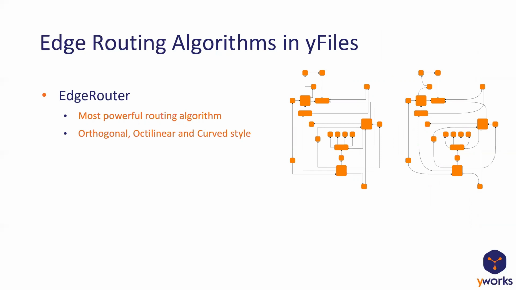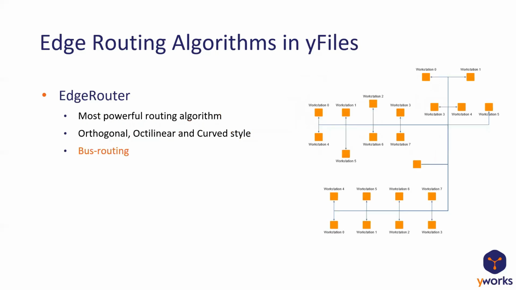It offers 3 different routing styles: orthogonal, octilinear, and curved. On the right-hand side of the slide, you see the same diagram routed with edge router. The first example has the orthogonal routing style, and the second shows the curved routing style.